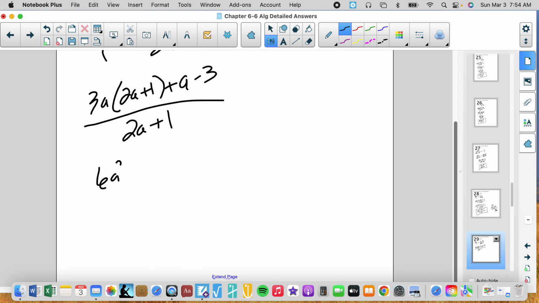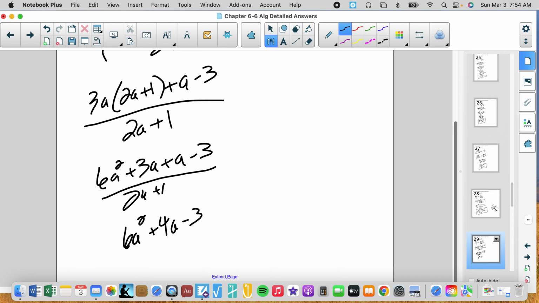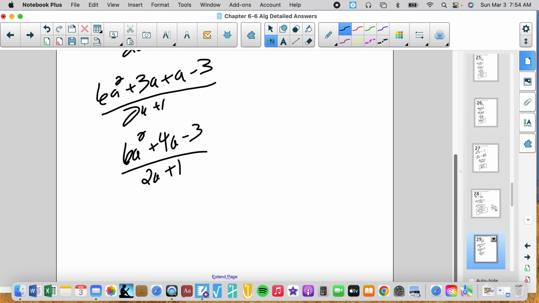That's 6a squared plus 3a plus a minus 3 all over 2a plus 1. 6a squared plus 4a minus 3 all over 2a plus 1. That's 18. 6 times 3 is 18. 1 and 18, 2 and 9, 3 and 6. Signs are different, and the bigger is positive, but none equal 4.